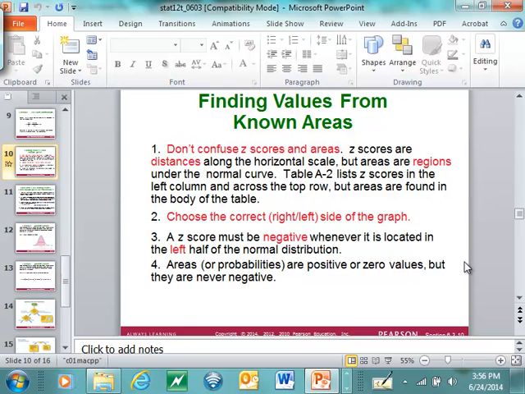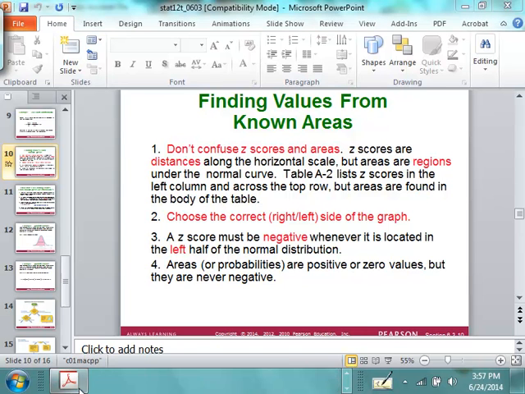Now, if you want to work backwards using the table, then what we have to do is find the probability that is closest, as in the area under the curve to the left, that's closest to what we find on the table. Or in other words, look in the table. What table? It's this table right here.